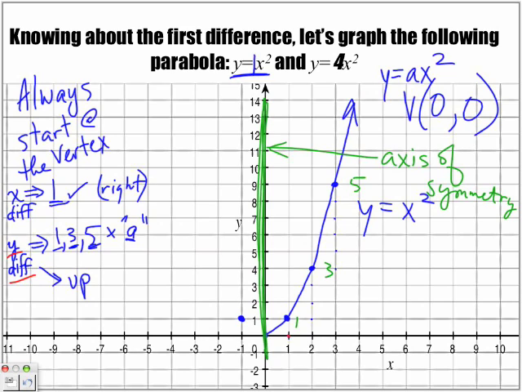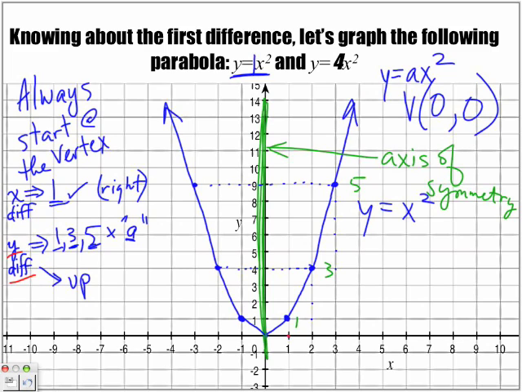We look at this point and match it right here. Then we look at the next point and match it right there. Then all we have to do, of course with a ruler, please, is extend the parabola.